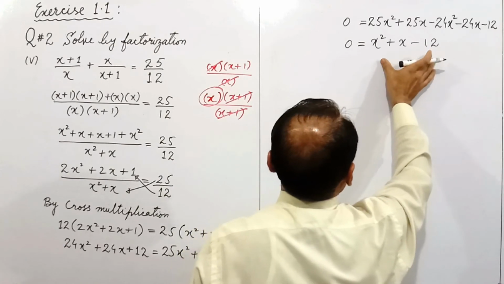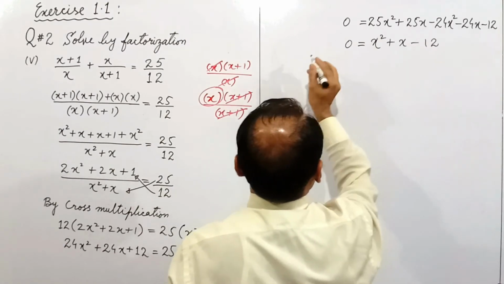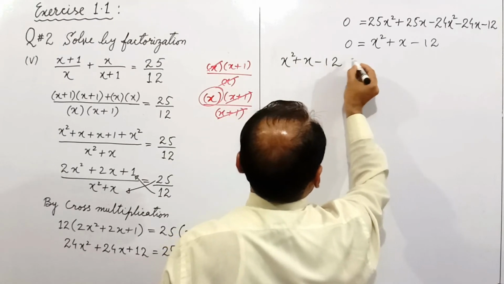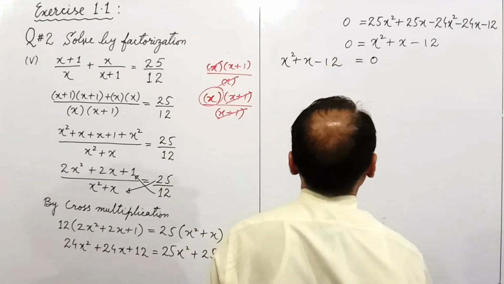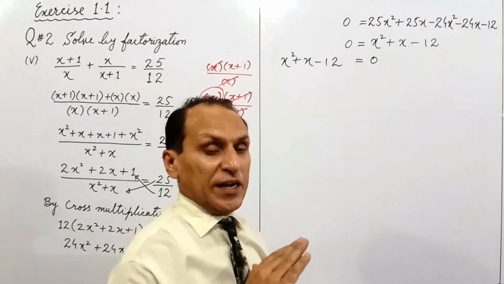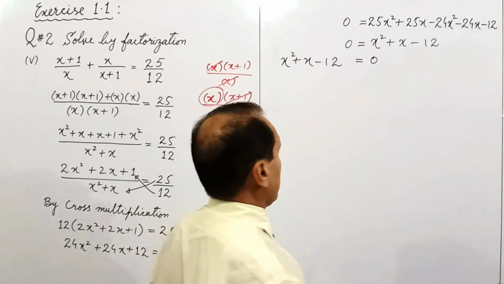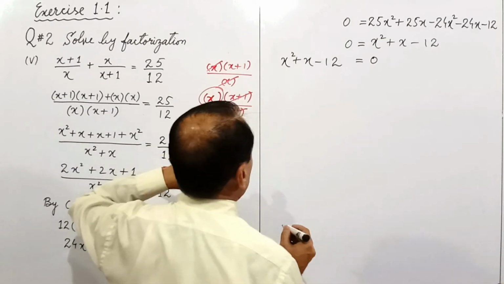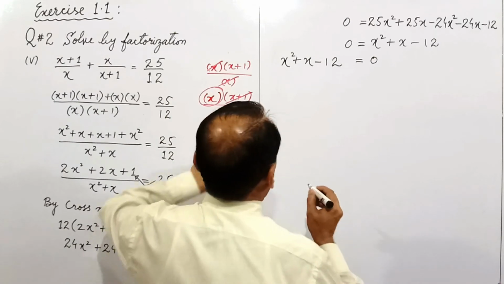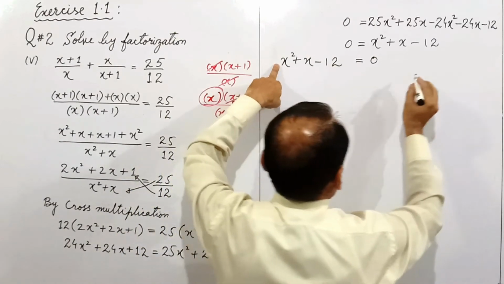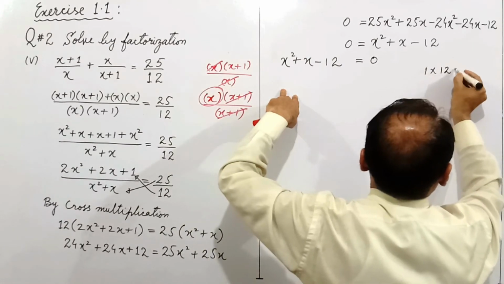We use the symmetric property to take these values to the left hand side, x square plus x minus 12, with no sign change, because according to the symmetric property we can switch the left hand side to the right and right to the left. Now we apply the method of midterm breaking, the U method, and we first find the product of the leading coefficient and constant term. 1 into 12 is equal to 12.